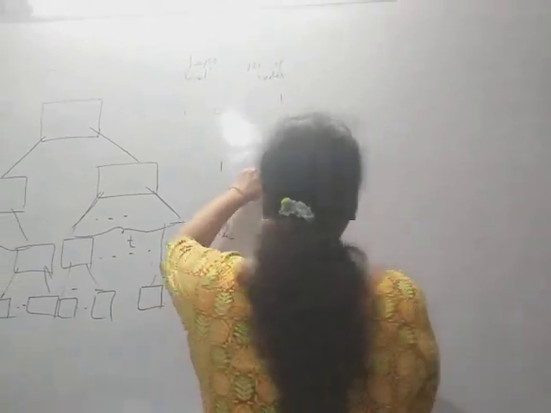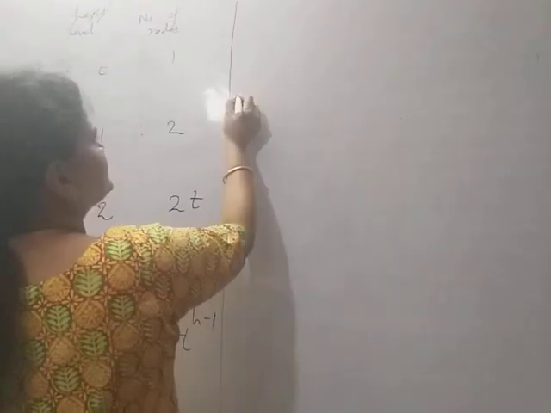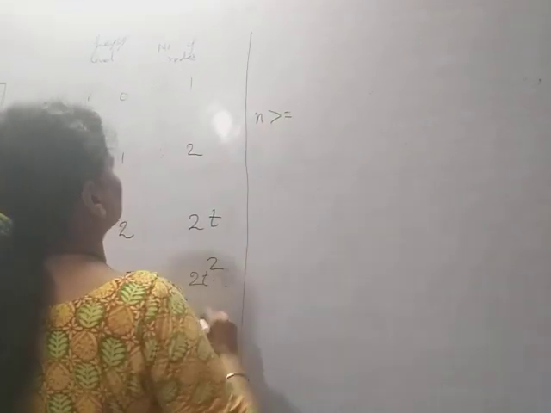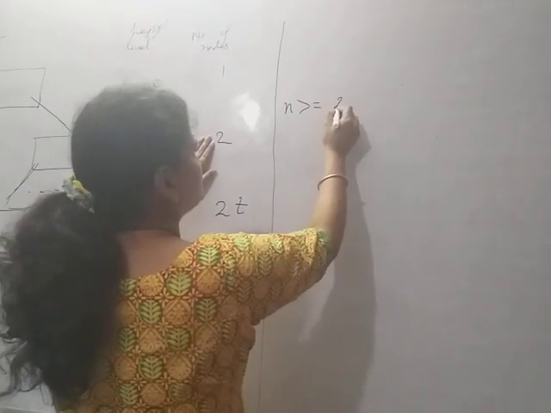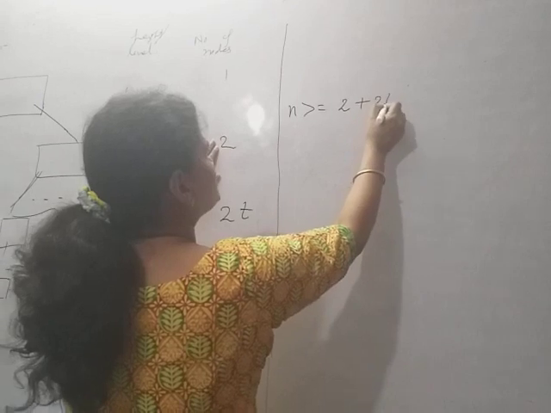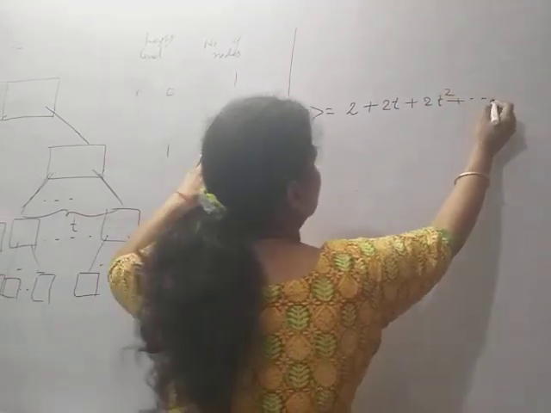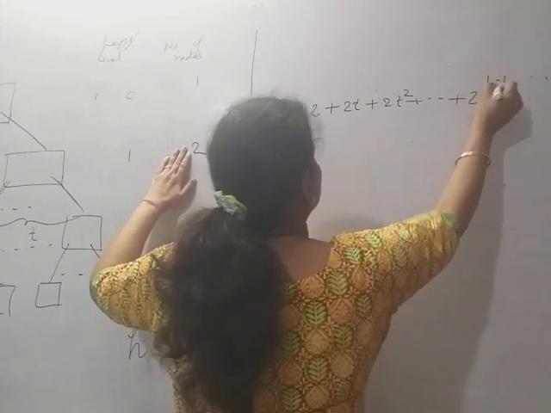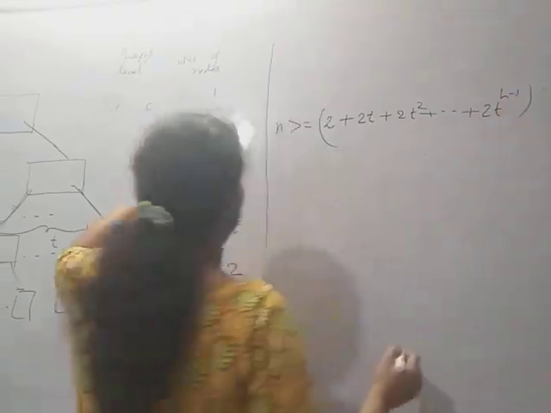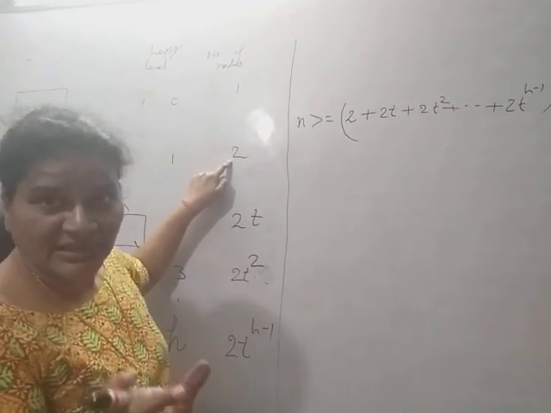You start from here, or you can start here also. The n is greater than or equal to, here this 2 plus 2t plus 2t square plus so on plus 2t^(h-1). Here the 2 is the number of nodes, so 2 multiplied by t minus 1, t minus 1 number of keys.